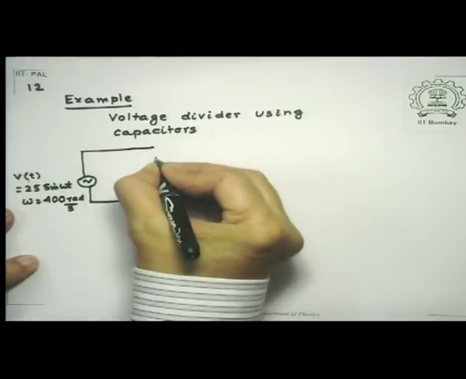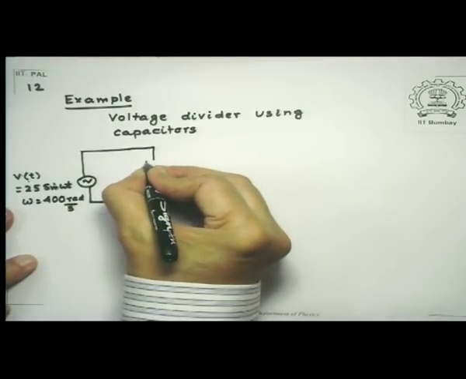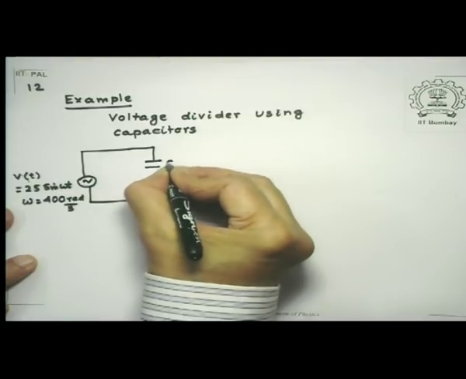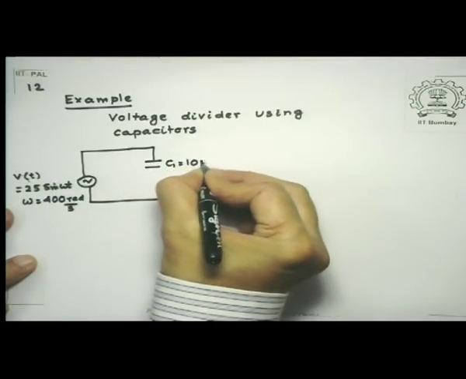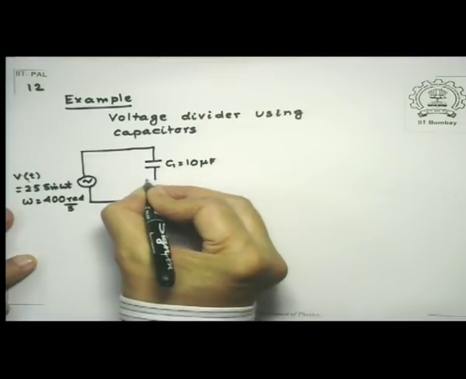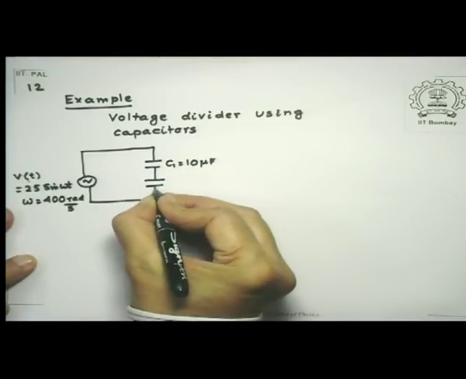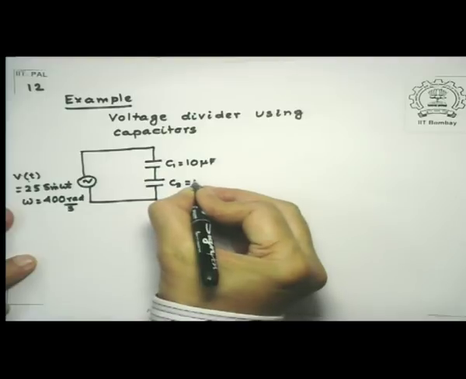So the voltage division works like this. There is a capacitor here, which is, let's call it C1, equal to, let's say, 10 microfarad. There is another one in series with it, which is C2. Let's take it as 20 microfarad.